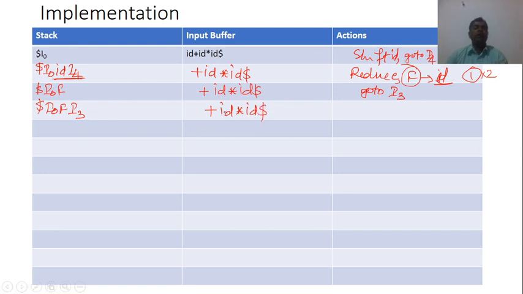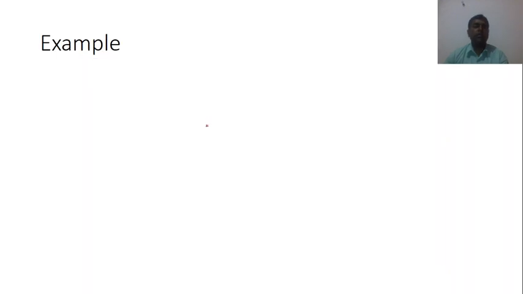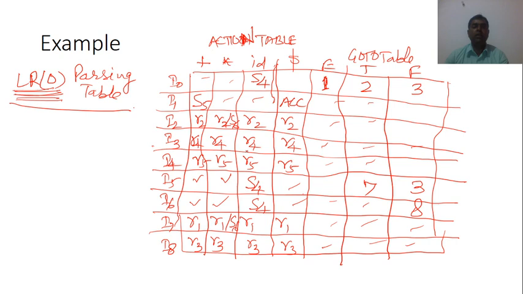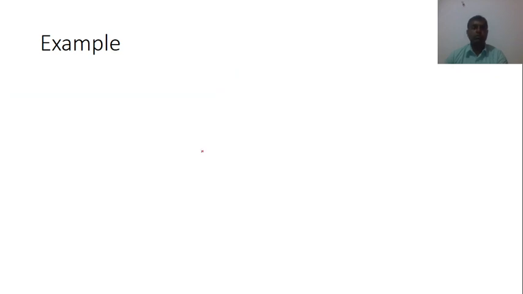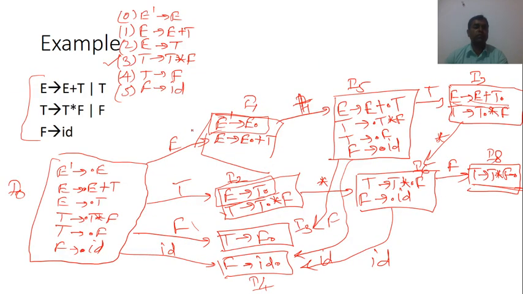Now I3 and plus, I3 row and plus column. What is the entry there? That is R4. So reduce by fourth production. What is our fourth production?